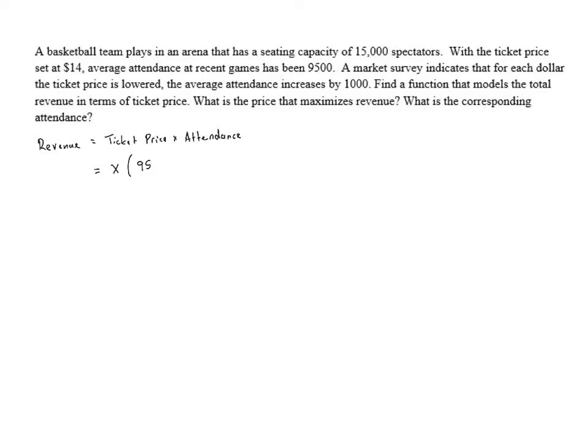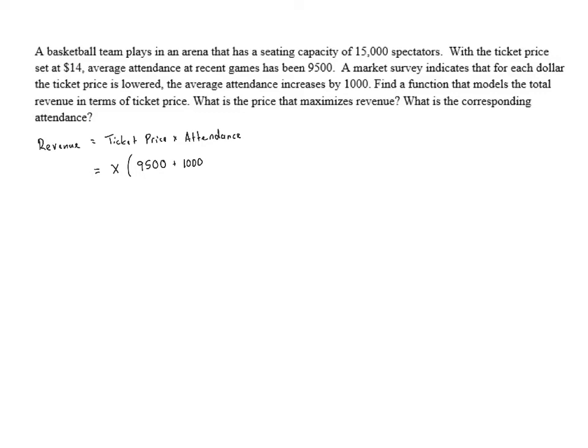So kind of our starting point for attendance is 9,500 people, but we're told that a market survey indicated that for each dollar the ticket price is lowered, the average attendance increases by 1,000. So they get an extra 1,000 people for each dollar under 14 that the ticket price is.